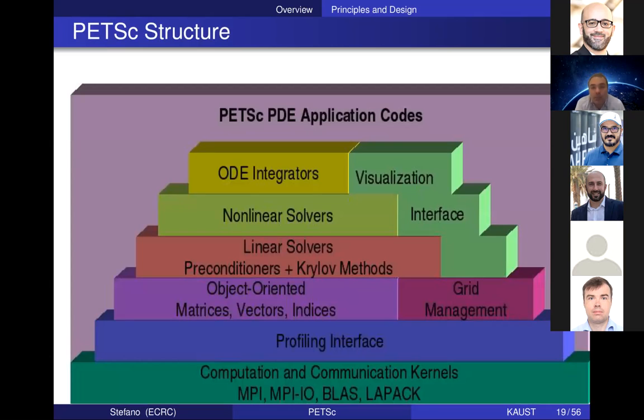So let's discuss now the PETSc structure. This is a very old picture, but gives you an idea of how the library is structured. On the bottom of the pyramid, there are the computational and the communication kernels, in this case MPI, BLAS, and LAPACK, or cuBLAS if you want to use NVIDIA GPUs.